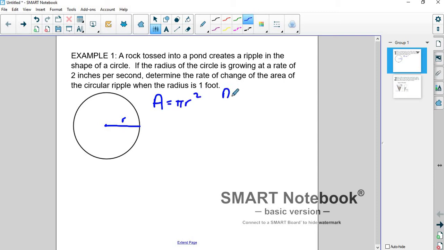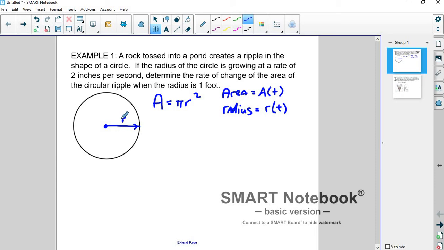Both area and radius need to be thought of as functions of t. Time is the independent variable, and area and radius are changing. You drop the rock in the center, and our radius is growing. It's moving out, and as that happens, the circle gets bigger and bigger.